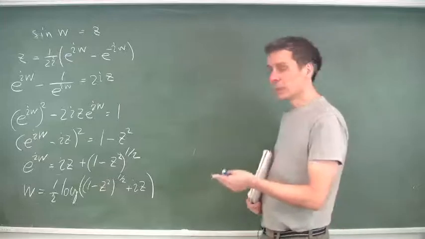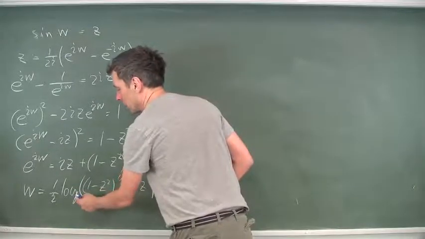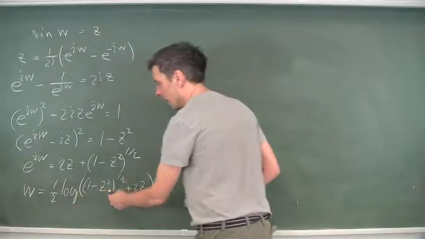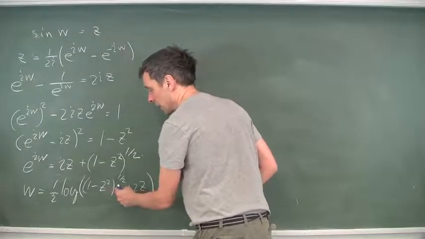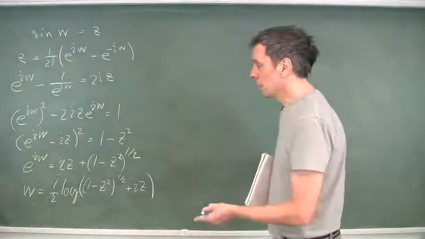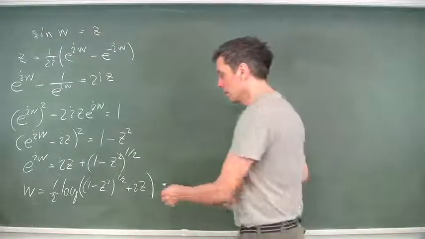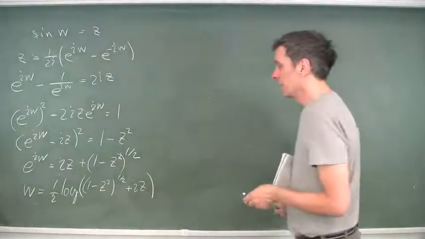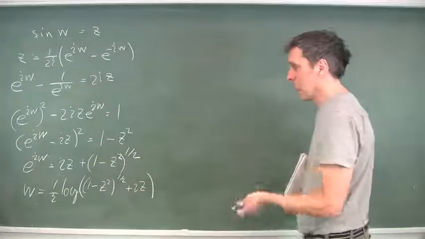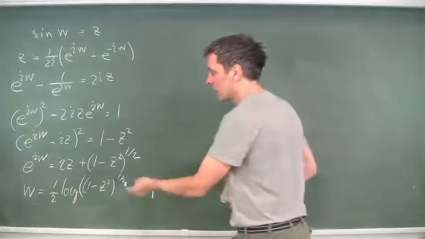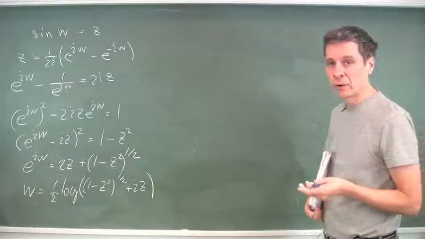However, fortunately, it turns out that if we use the principal branch of the logarithm function, and also if we use the principal branch of the logarithm function to define the square root, then this will reduce to the usual arcsine function for real z in the interval between -1 and 1. So we'll actually see that this is a natural generalization of the ordinary arcsine function.